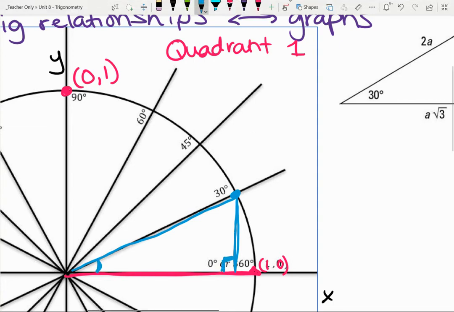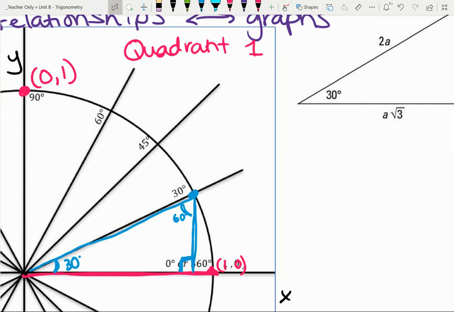This interior angle in the lower left is 30 degrees, which makes this a 30, 60, 90 triangle. Now, we spent last week practicing 30, 60, 90 triangles and looking at those relationships so that we could use them today on the unit circle.